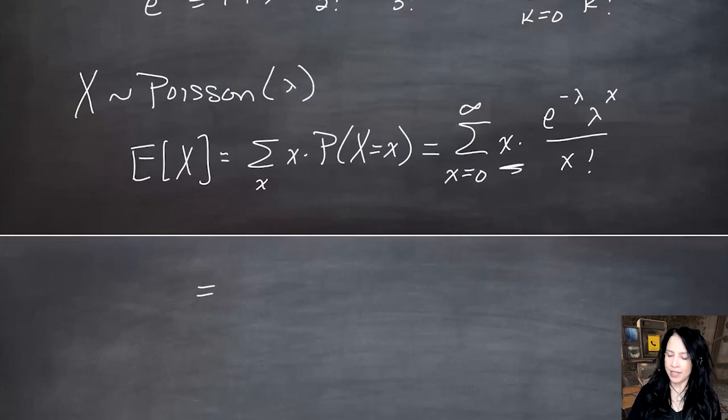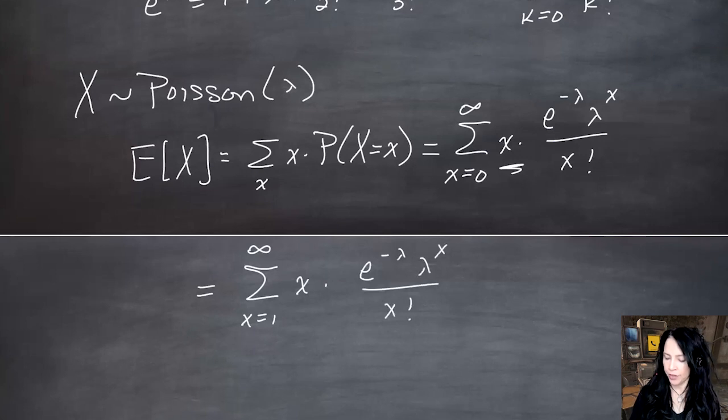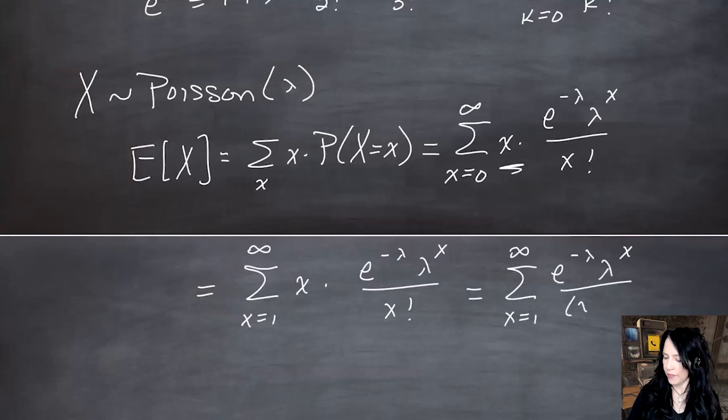First thing I'm going to do is take care of that x, because when x is 0, the term is 0. So this starts from 1, really. x times e to the minus lambda, lambda to the x over x factorial. And then that x can cancel with part of the x factorial. So I get e to the minus lambda, lambda to the x over (x minus 1) factorial.